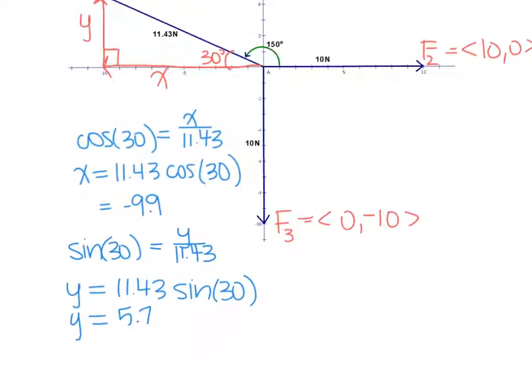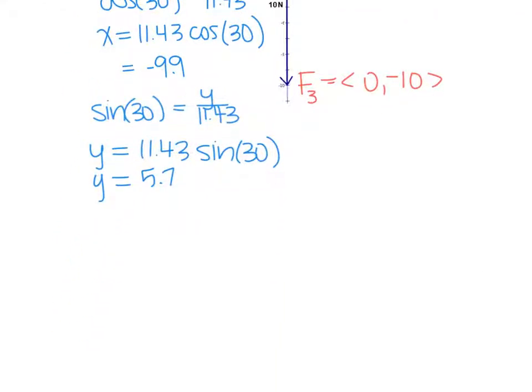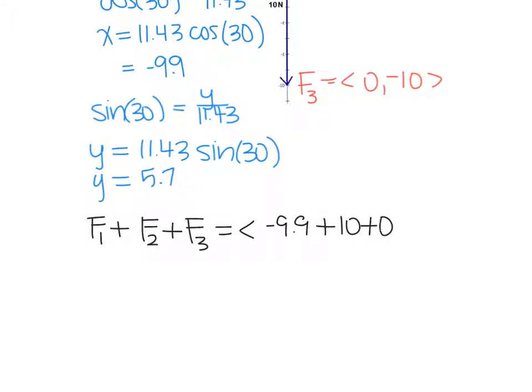So now we want to go ahead and find F1 plus F2 plus F3. So we're just going to add all of our x values. So negative 9.9 plus 10 plus 0. Then we add our y values, 5.7 plus 0 plus negative 10.